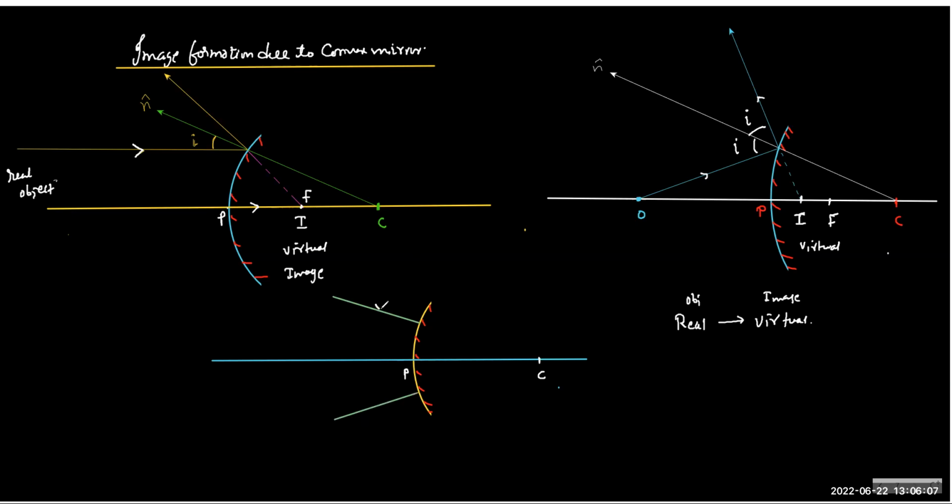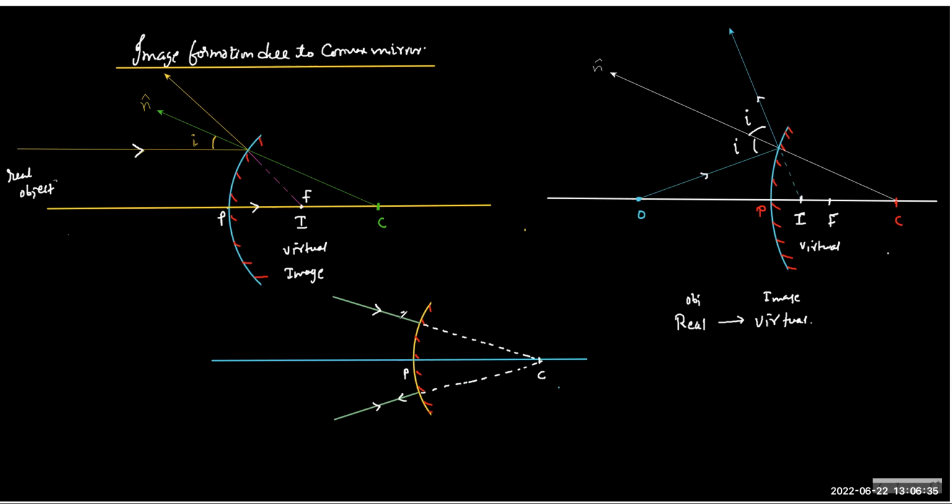So if these are the incident rays and you trace them back, will they meet? The answer is no. Oh, that's interesting. My object is hitting the center itself. These are normal rays, so they will just reflect back, isn't it? It will just come back.